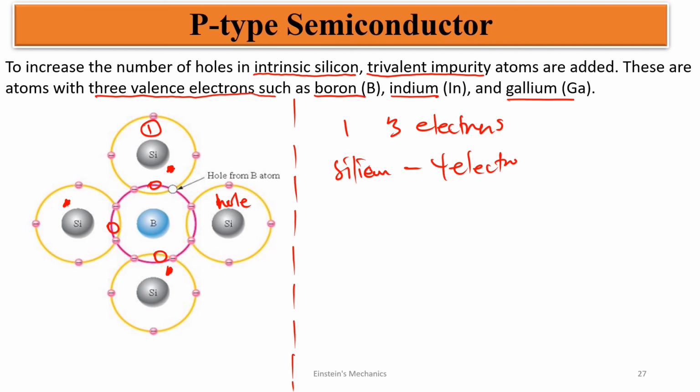Are we good? So this hole creation, or the hole available, is going to expect that an electron should fill it. So now nearby electrons are going to move into this hole. And as they move into this hole, there will be another hole created. Do we see that?